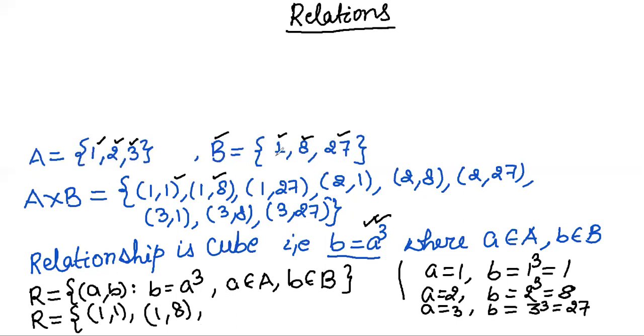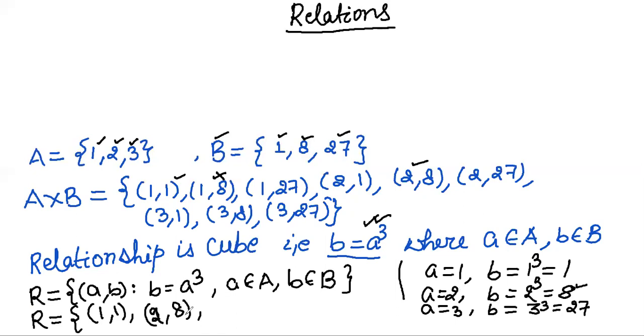So here the relationship is here. Okay, the second one, it was not (1, 8). Sorry, it is (2, 8). Please correct it. By mistake I wrote it wrongly, because we have taken a equals 2, no? So it is (2, 8): 2 and then the b value we have here is 8.